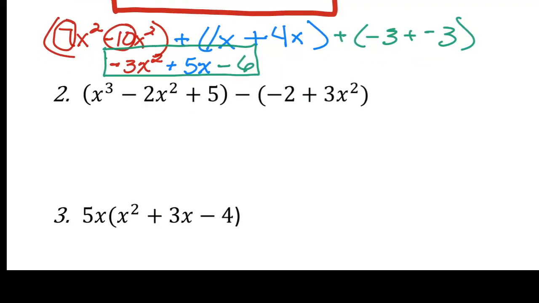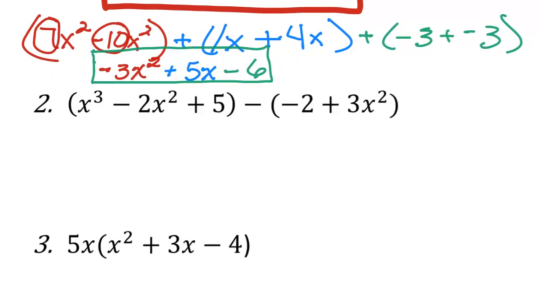Number 2, we have x to the third minus 2x squared plus 5 minus the quantity negative 2 plus 3x squared. Does anybody remember anything about subtraction? That's right. We do not subtract when it comes to polynomials.